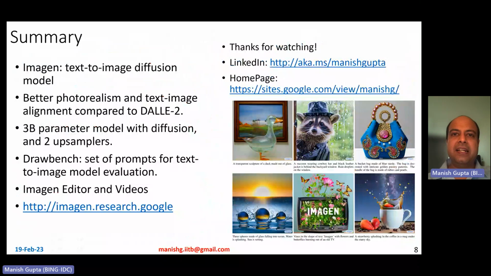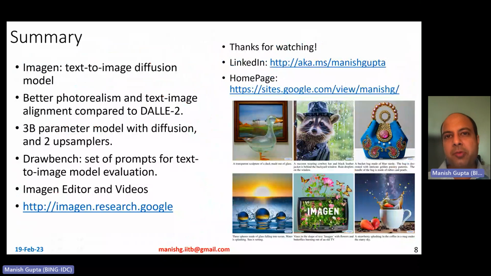In summary, Imagen is a text-to-image diffusion model. It takes text prompts and generates high-quality images. These images have better photorealism and text-image alignment compared to DALL-E 2. It's a 3 billion parameter model, along with another text encoder, a U-Net-based diffusion model, and 2 super-resolution upsampler models.